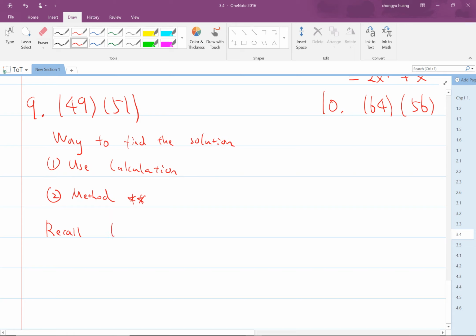Remember the property: a plus b multiplied by a minus b is equal to a squared minus b squared.